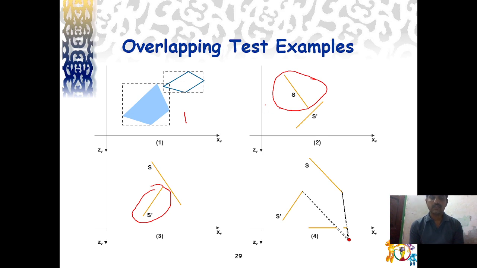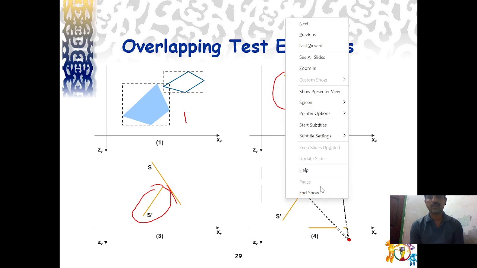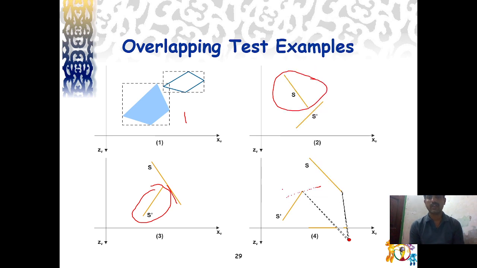If there is also no overlapping, then go for the third. If there is no overlapping, then go for the fourth. Likewise we have to check all the test cases. If all the test cases fail, then we reorder the given surfaces.